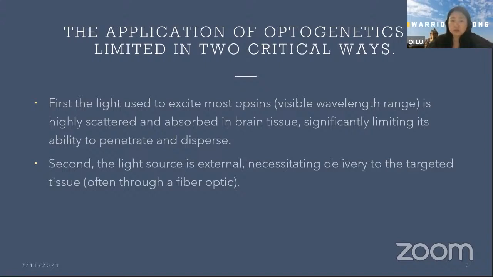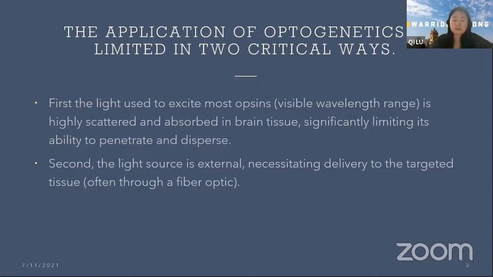It's really hard to achieve, because if you red-shift the construct, it may cause expression problems, and it may even fail to form functional channels. So for deep tissue, it's hard to apply optogenetics tools.